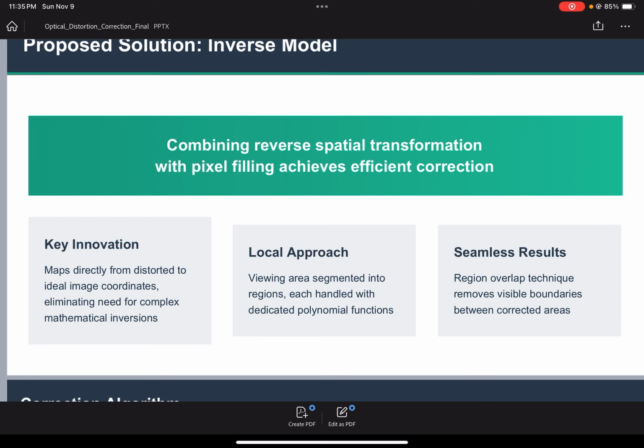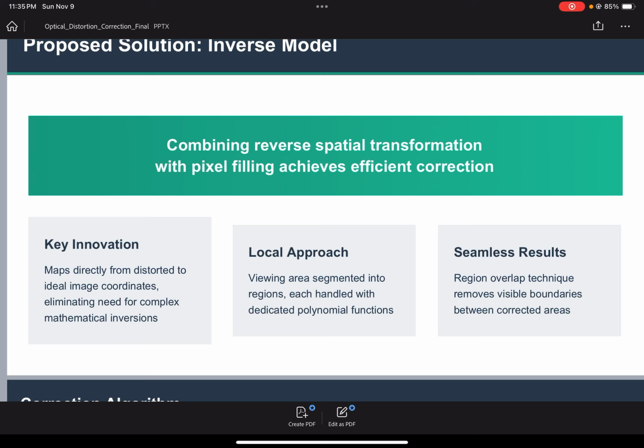Instead of trying to predict where each distorted pixel should go, which requires complex mathematical inversions, they work backwards. They ask, for each pixel in the output image I want to create, where should I get the correct color from in the input image? And this direct mapping from distorted coordinates to ideal coordinates eliminates the need for solving complicated inverse functions.